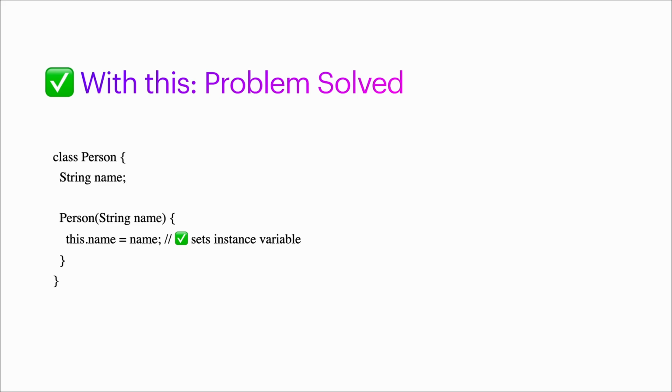We're not going to explain much on class again. Now it's just an explanation of the this keyword. Under the Person constructor, you can see that we're now using this.name, which sets the instance variable. So this.name refers to the object's name, while name refers to the parameter. Can you see how simple this is now?